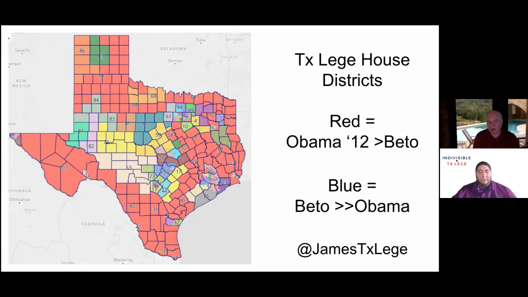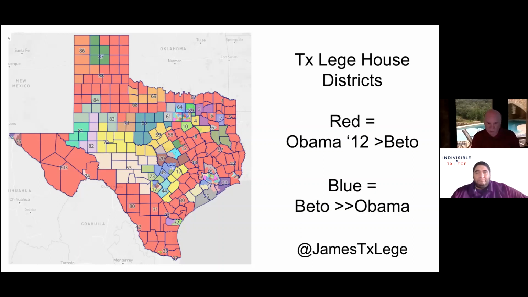And here I'm talking about just the margin of victory. Romney in 12 won most of these districts that I'm going to talk about, and so this would be either Romney minus Obama and Beto minus Cruz, or vice versa. So we're just talking about the margins here, and who did better, Obama in 12 or Beto in 2018.